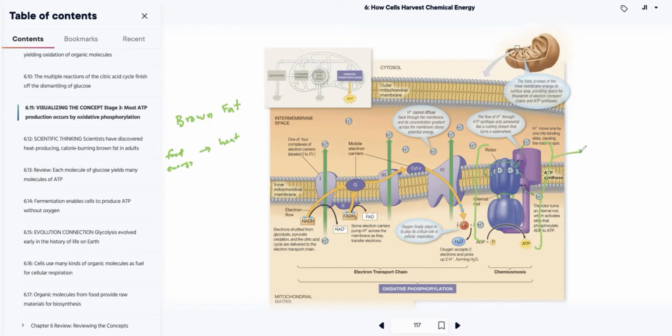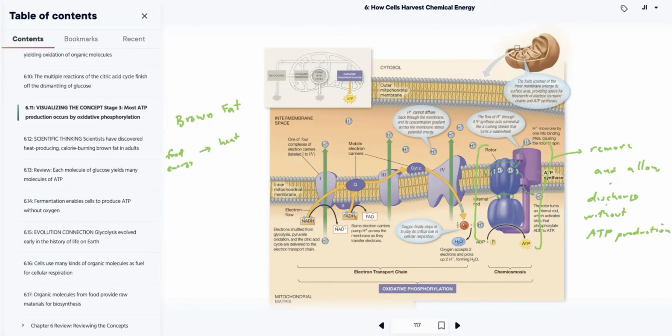If you were to allow your mitochondrial battery to discharge without generating ATP, in other words, if we just open a channel, okay, this ATP synthase harnesses the energy as the protons are passing back into the inner matrix.